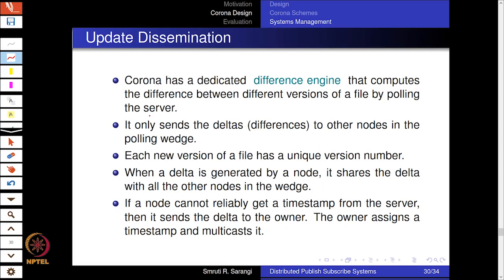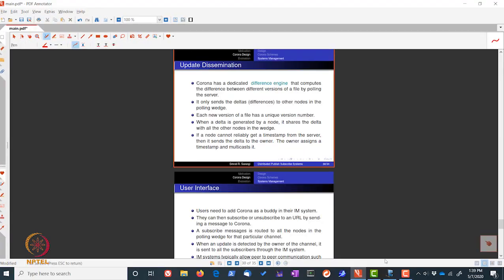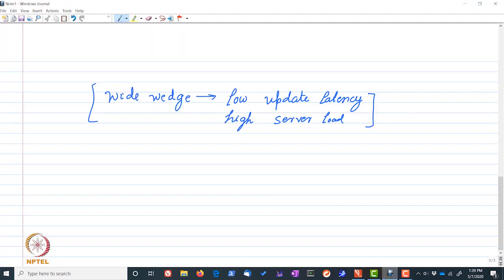So in this case, first I think it is important for me to describe the way that the Corona DAG will form. So the way that it will form is something like this. If I were to consider the pastry ring, initially we will have the channel here and just the owner node. So it will be a very narrow wedge.